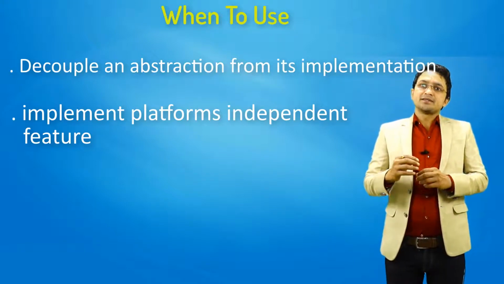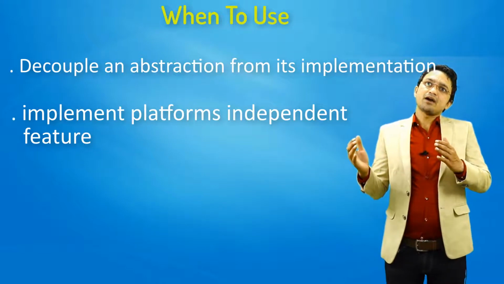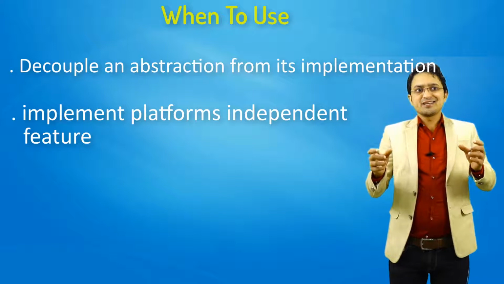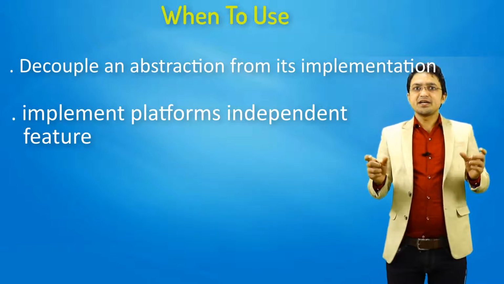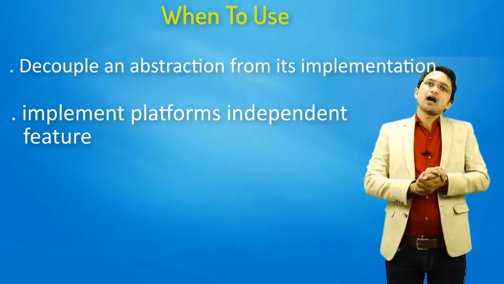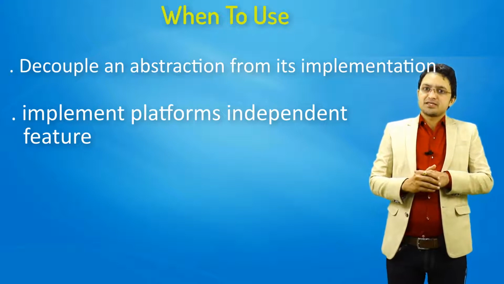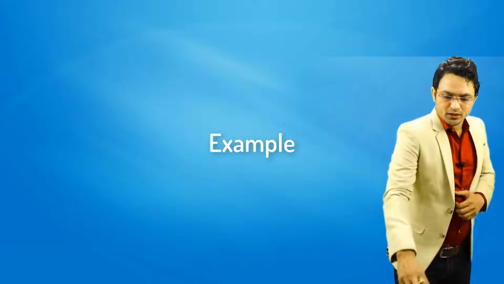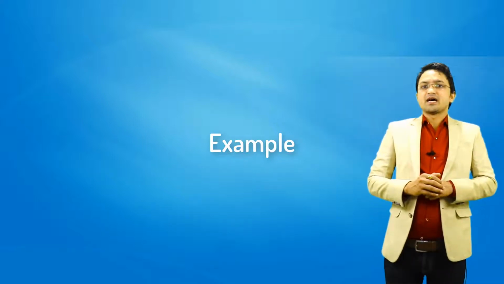And second, I want to design two systems in such a way that they can grow independently. In that case I will use the bridge design pattern. A real-time example we will discuss in our next videos. Moving on to the next, which is your example.